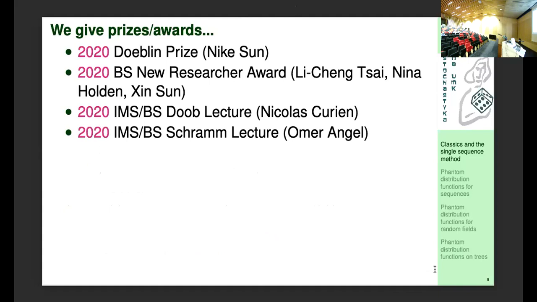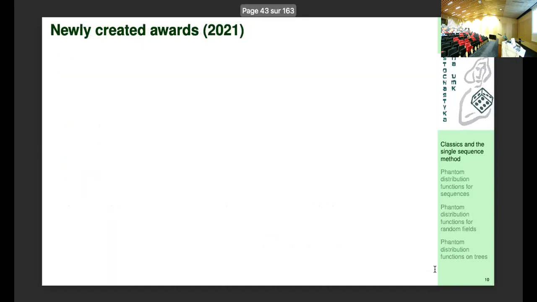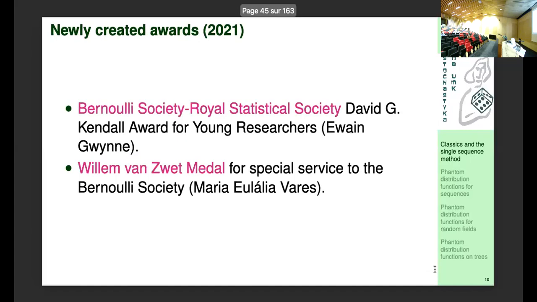Of course, some centers dominate, but this is because there are no candidates from other countries. There are some other prizes in the 21st century. We have a new award, the Bernoulli Society Royal Statistical Society prize, a joint initiative of two societies.